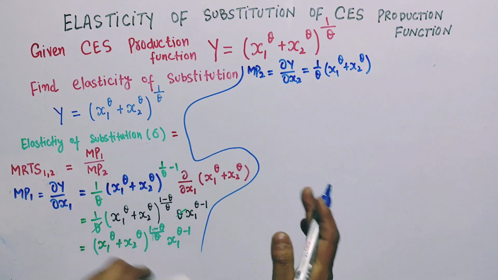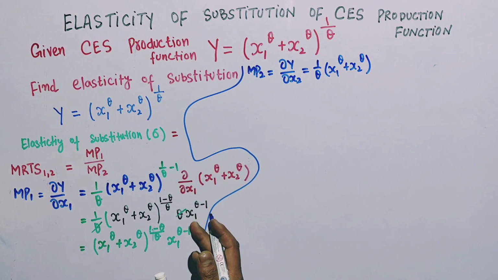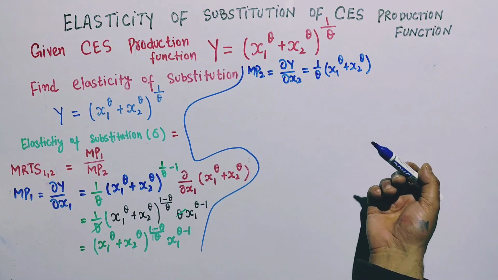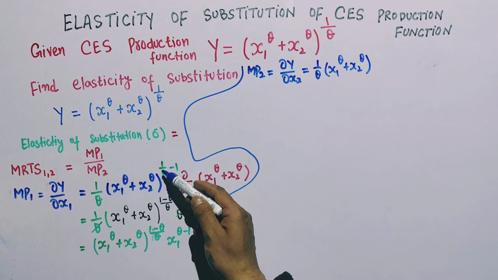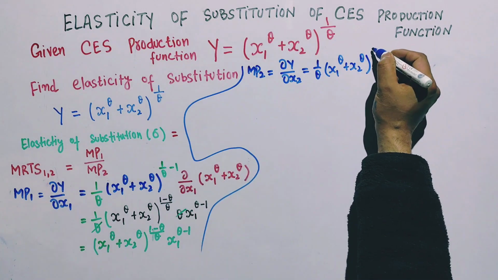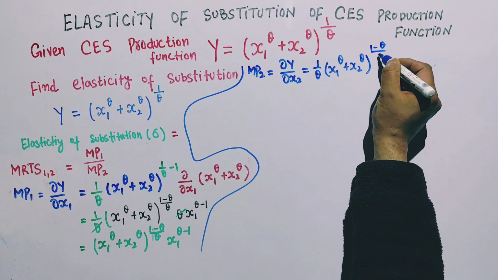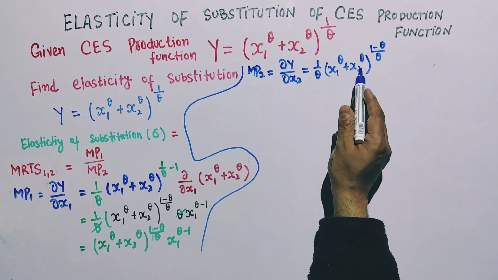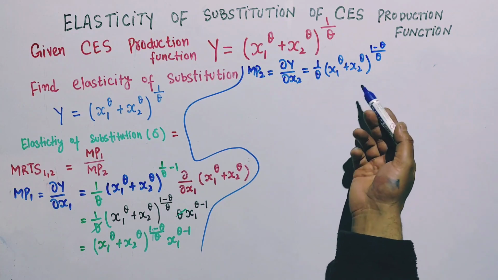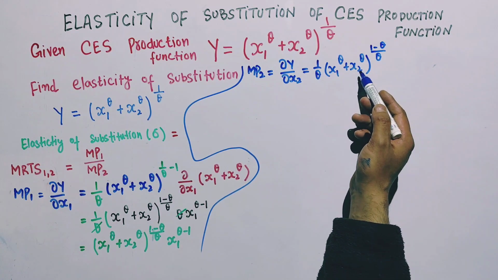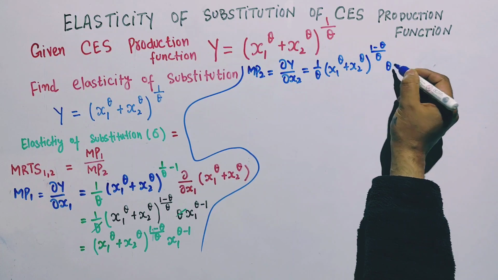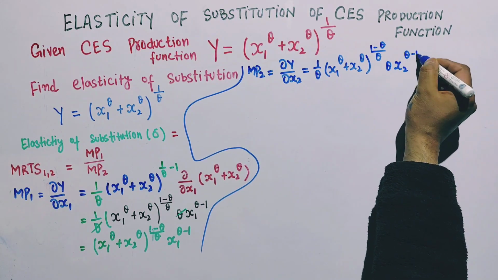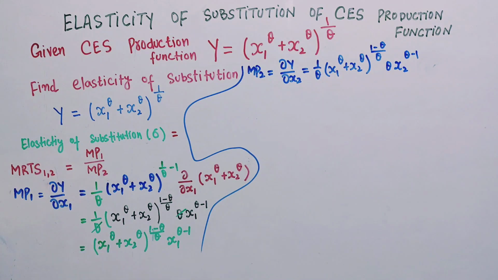I will skip one step here to save space. When we solve 1/θ minus 1, it becomes (1 minus θ)/θ, and then we internally differentiate with respect to x2, applying the chain rule. The derivative of x2^θ is θ as the coefficient, x2 with the exponent reduced by 1. I am just skipping one simple step here.